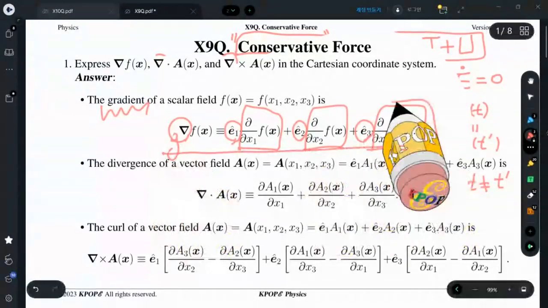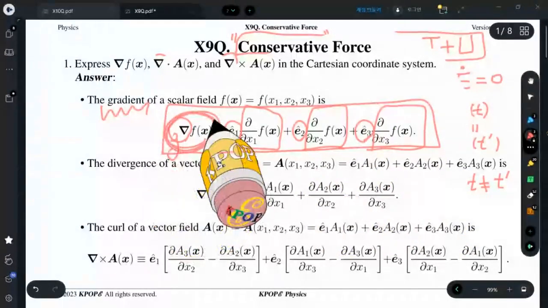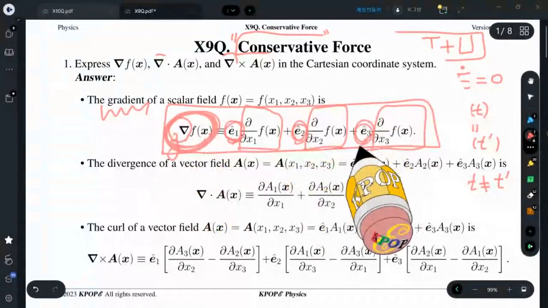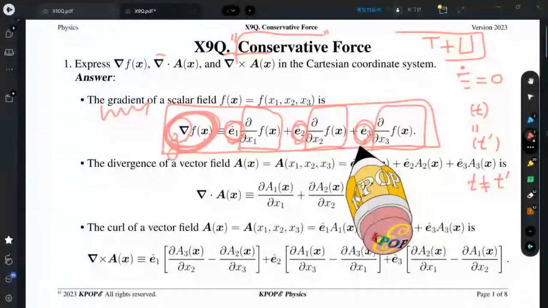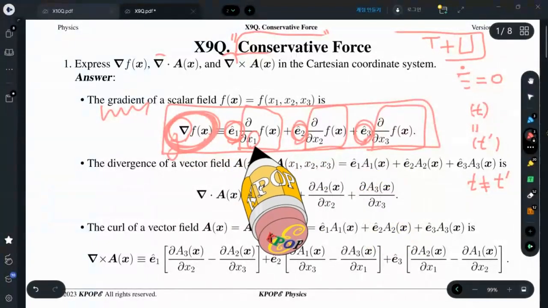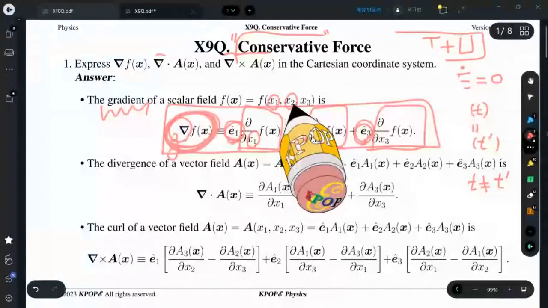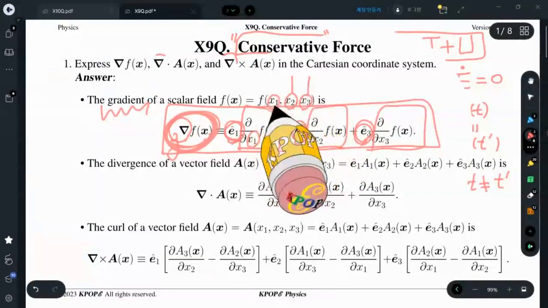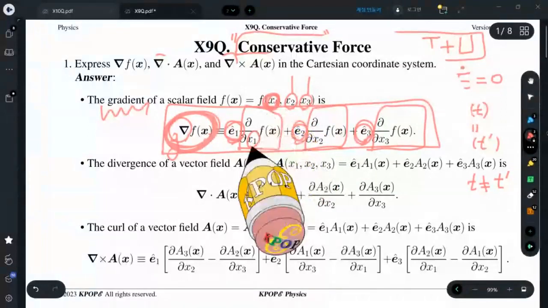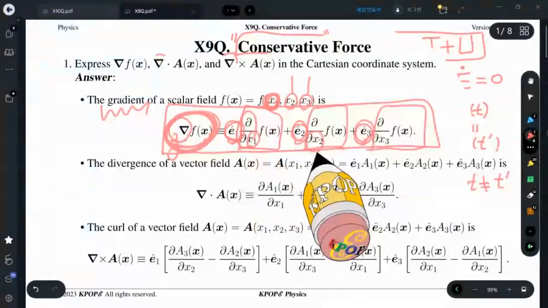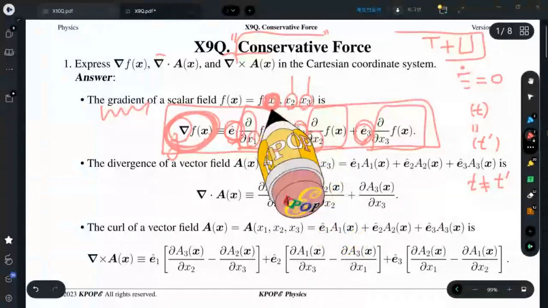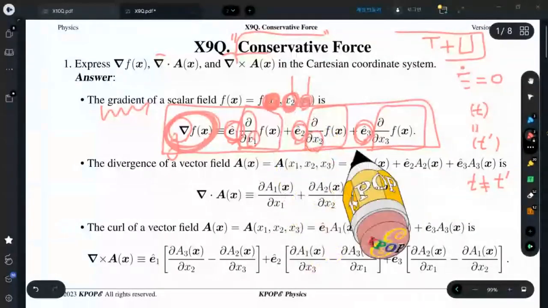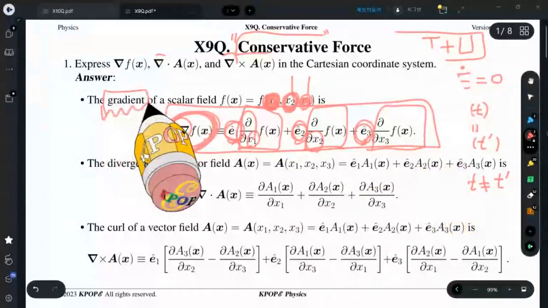After the operation, what you have is a vector. This one says among the three coordinate variables, you fix these two and vary x1 only. The x2 partial derivative keeps x1 and x3 and varies x2 only. In this manner, you can find the gradient.